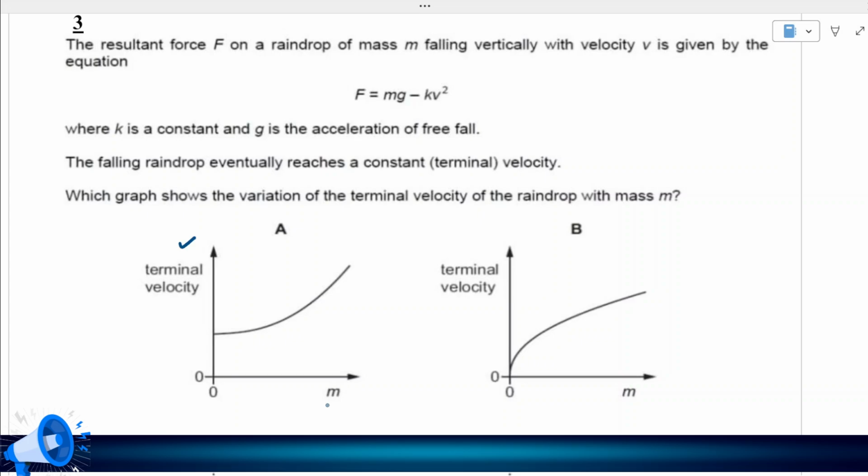So what I can do is rearrange the expression. So the expression can be written as kv square equals mg minus f. I hope that makes sense. v square equals mg minus f.